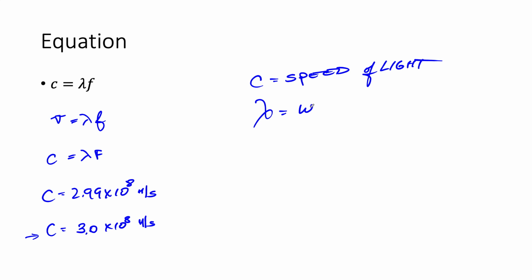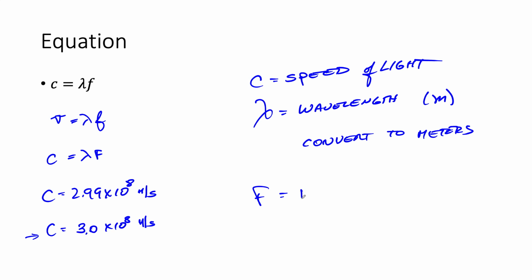This is going to be wavelength. Now the wavelength must be in meters. If you have any other type of unit, you need to convert, so convert to meters. And f is going to be frequency.